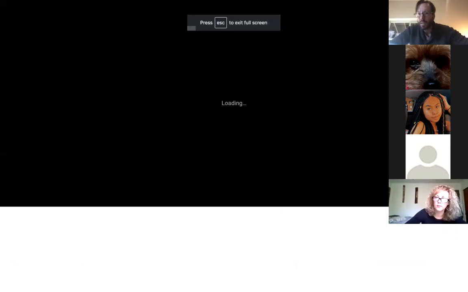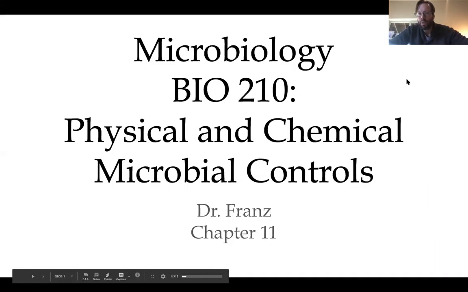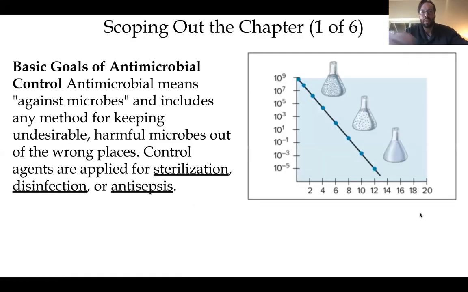So today, like I said, we'll be talking about microbial controls: physical, chemical, and mechanical controls. To give you a little overview of the chapter, we'll talk about the different techniques and how they differ from each other. How is sterilization different from disinfection and antisepsis, for instance?